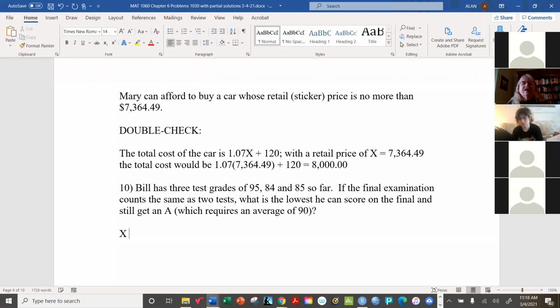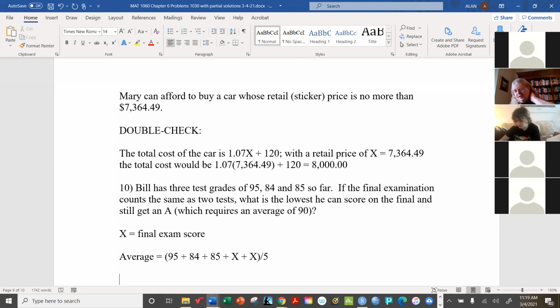So X will be his final exam score. And so his average will be 95 plus 84 plus 85 plus X plus X. If you notice, I'm counting it twice and then dividing by 5, because remember, we're pretending that this is a double exam, basically.